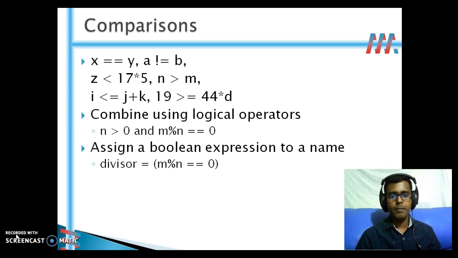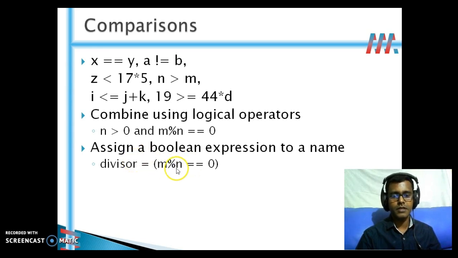And we can combine these comparison operators with the help of logical operators, like an expression n greater than 0 and another expression. At the same time, we can assign the result of the comparison operators to another variable.